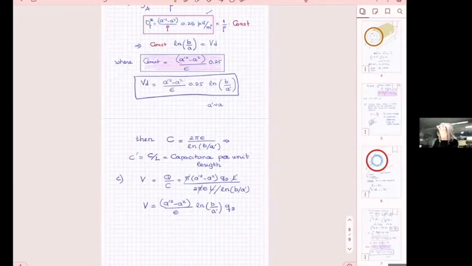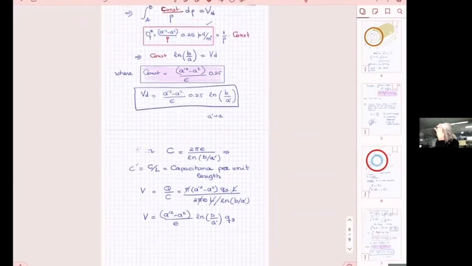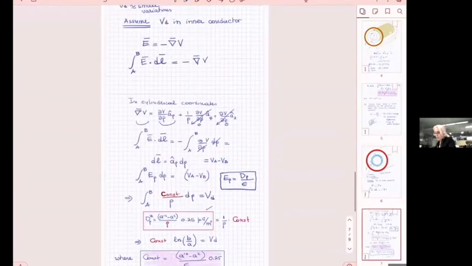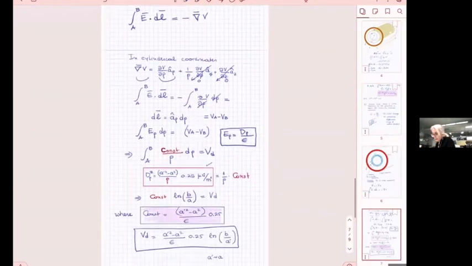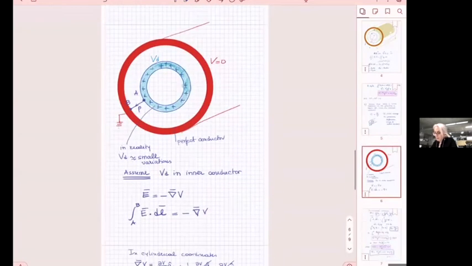But also, instead of doing the solution from the beginning, I did a shortcut, practically. Instead of doing all of this solution that you see here, I said, okay, I will assume that V sub D is constant on the inside conductor, the blue, and 0 is constant on the outside conductor, which is red.